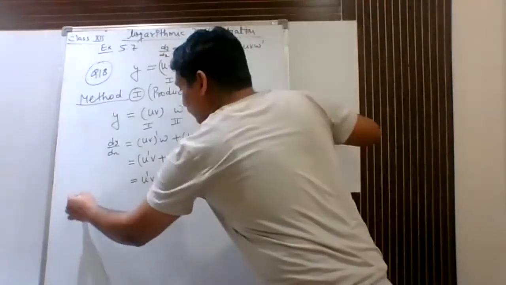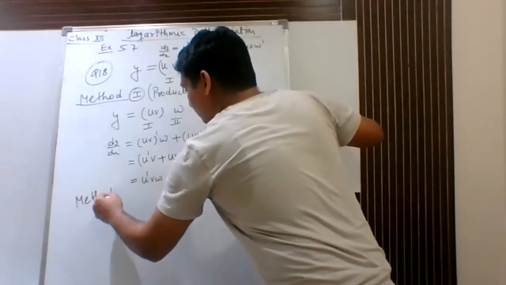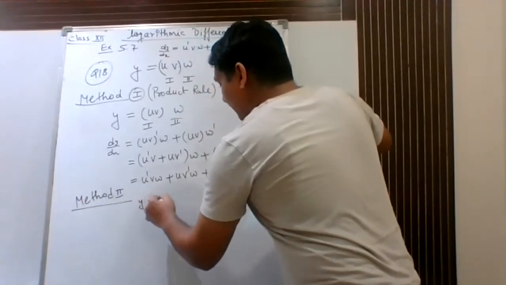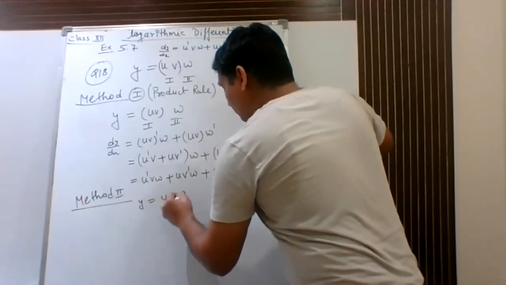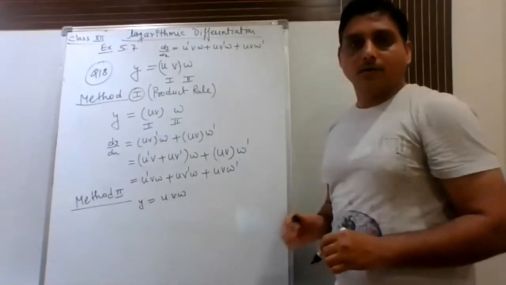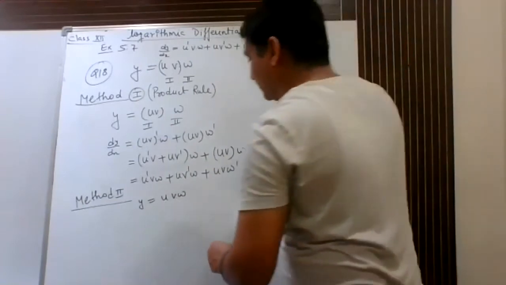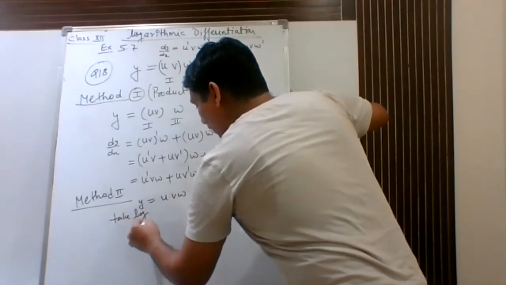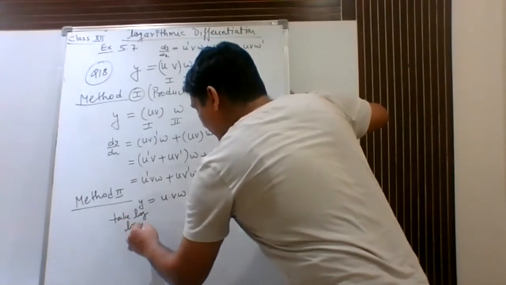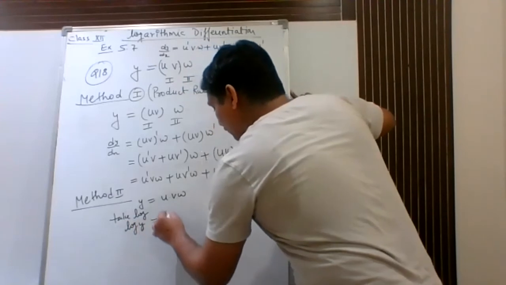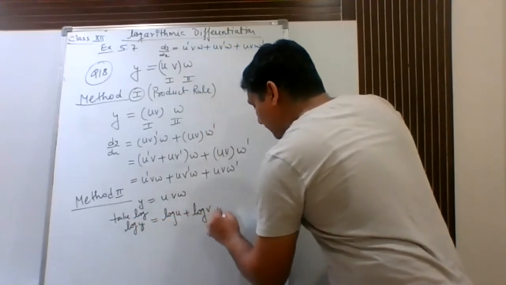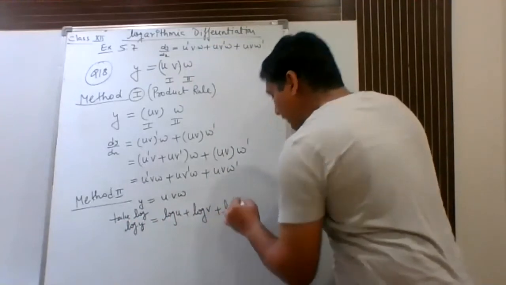So this is method number 2. Method 2. Here it is given y is equal to UVW. Now let us take log on both sides. When you take log, it will become log y is equal to log u plus log v plus log w.